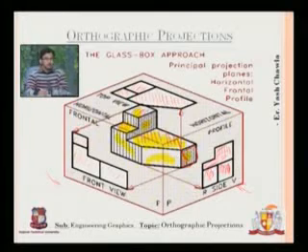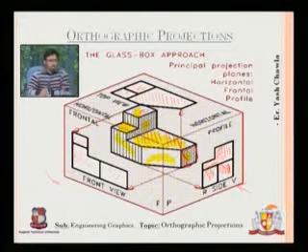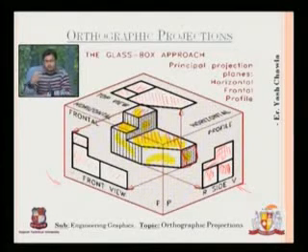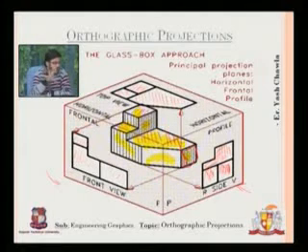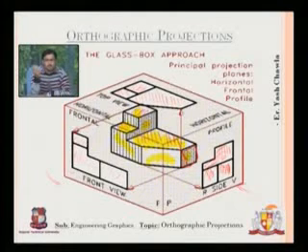So all the 3 views that I need, if an engineer, the person who is making a job, requires these 3 views, and when I get these 3 views, I'll be able to get my object.